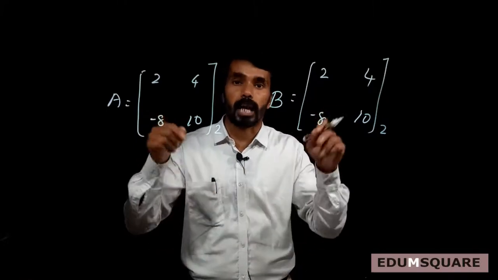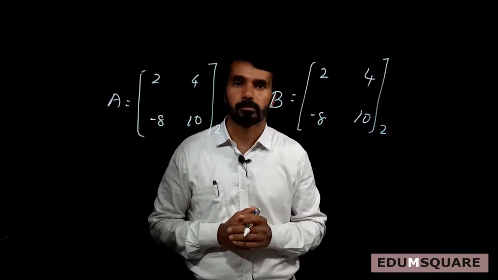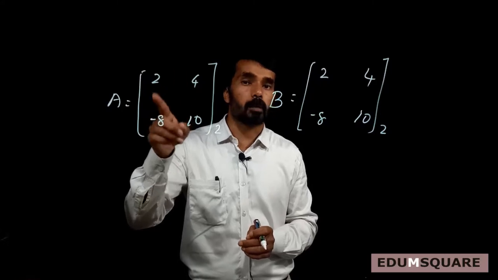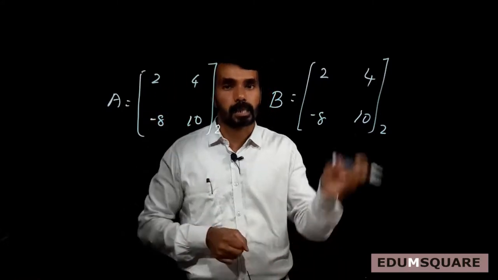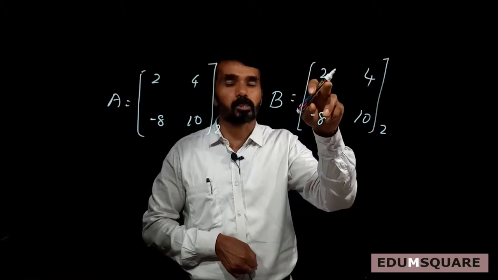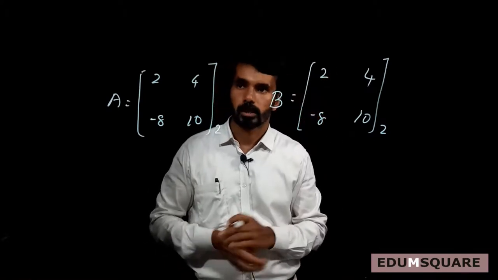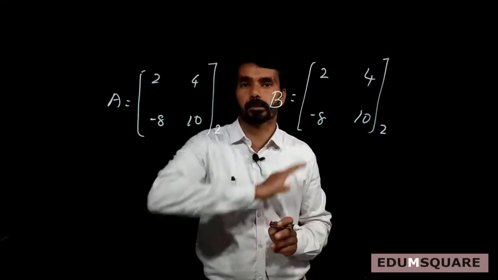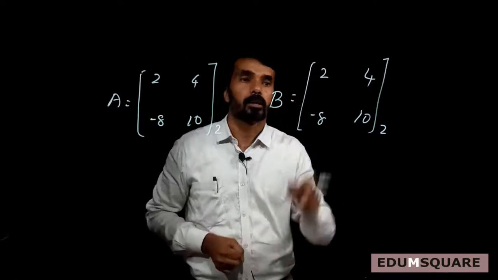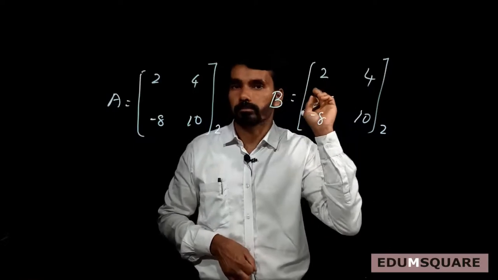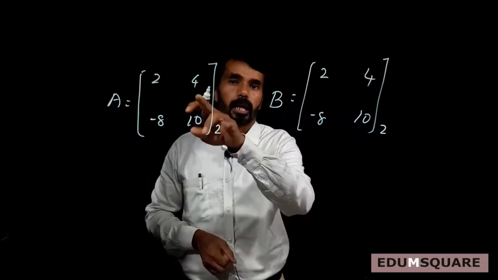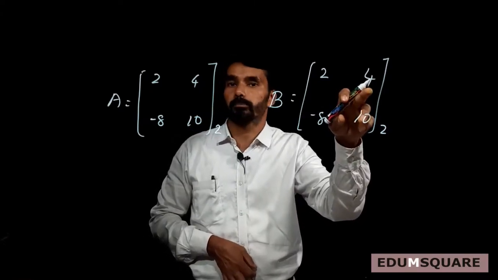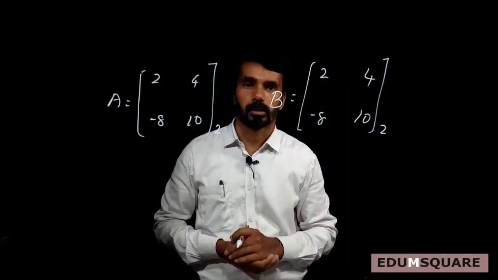Now, what about the elements of these two matrices? Let us see that each element of the matrix A is equal to the corresponding element of the matrix B. Here, first A11 is 2. In matrix B also, A11 is 2. Then A12 is 4, and that of B is also 4.